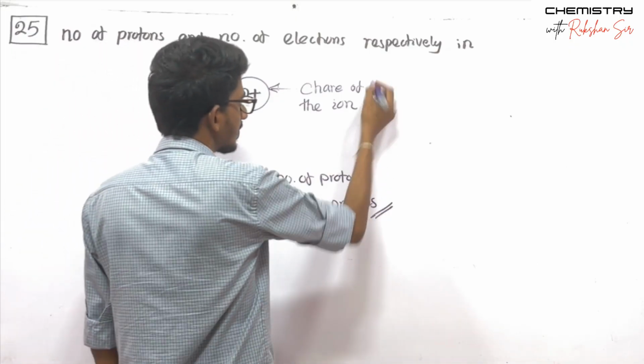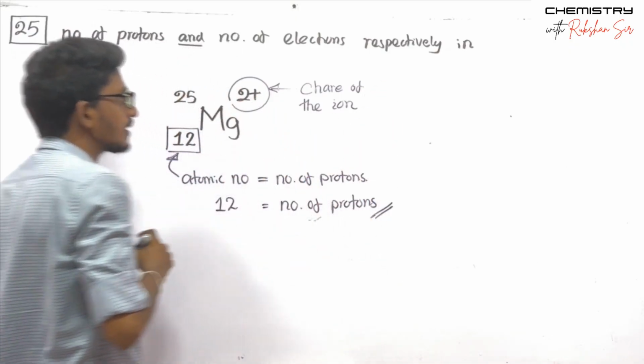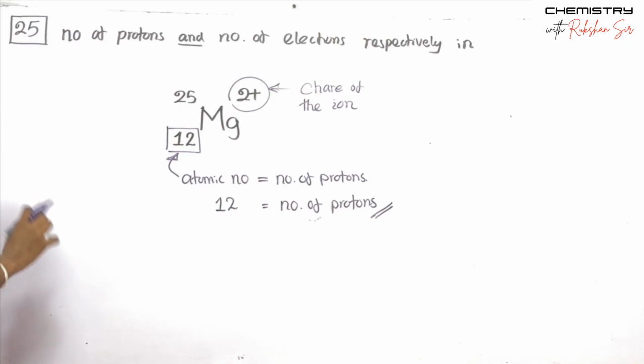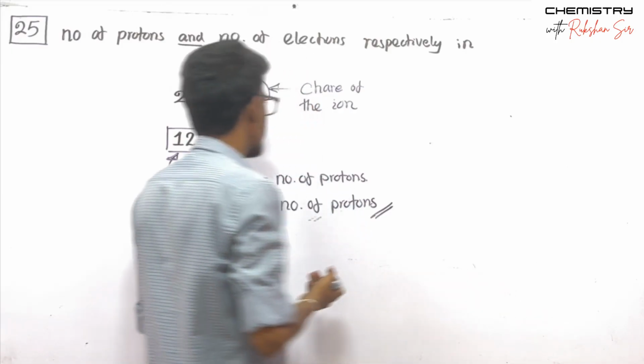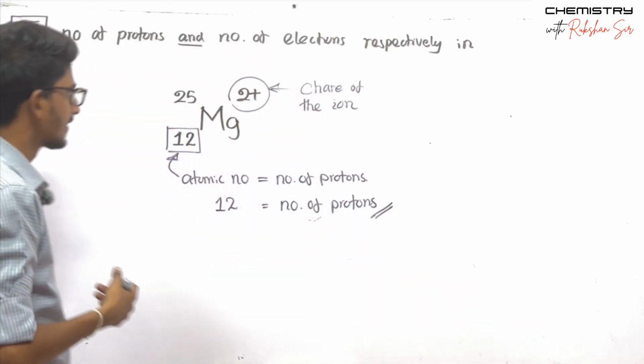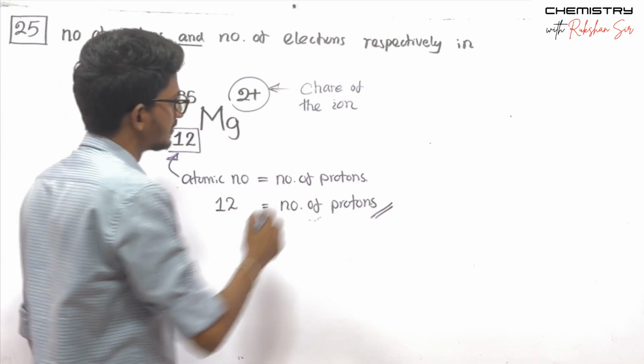The charge gives you the number of electrons released or gained by the atom to form the ion.